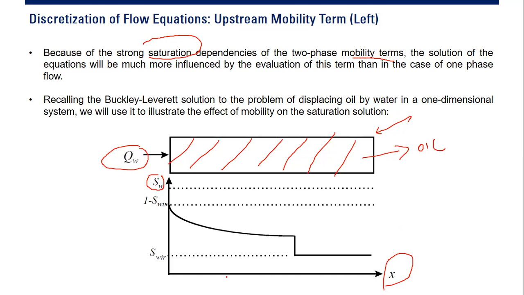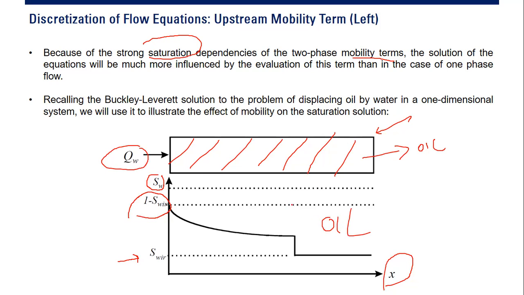We have the minimum water saturation, which is irreducible water saturation, and this one is 1 minus irreducible water saturation. This one is irreducible water saturation, or you can also call it connate water saturation. And here we have oil.